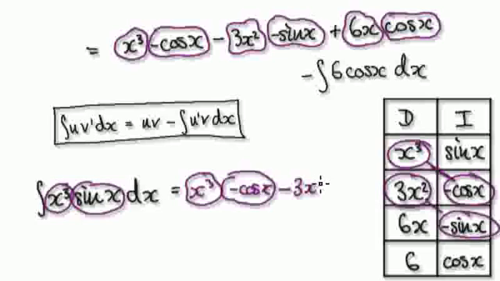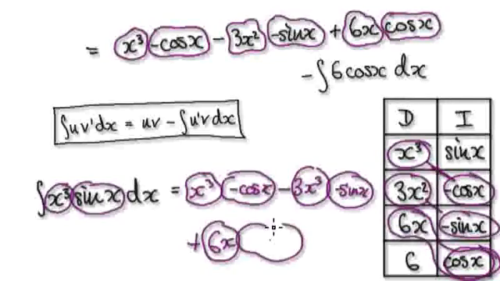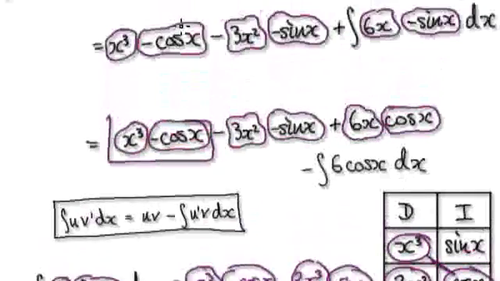So that would be 3x squared, and then times that, which is minus sine of x. And then the next one would be this times this. So this is positive, negative, and then the next one would be a positive. So positive this times this. That would be 6x times cos of x here.